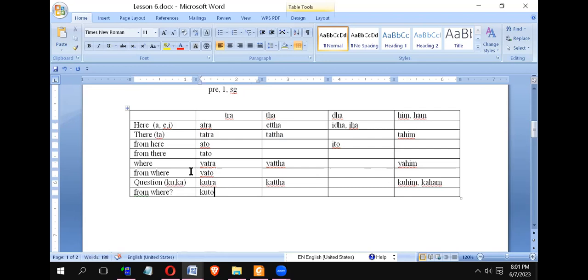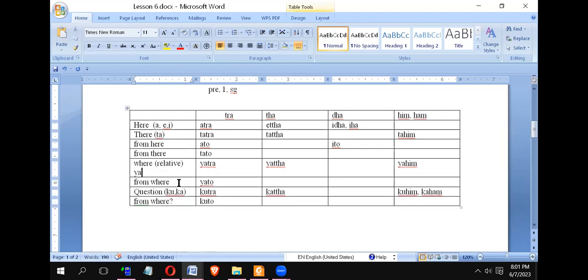This one you don't need to memorize, but at least you must know if you have a, e, i, you will put the tra here. But if you got the ta, it's a day one. This is a relative one, we will see later, starting with ya. And the question starts with k. That's how we recognize the different forms.